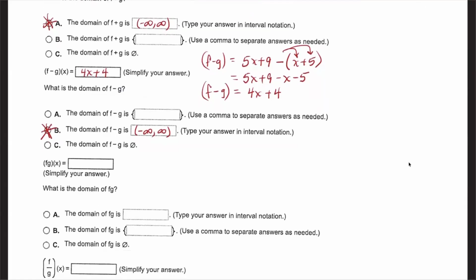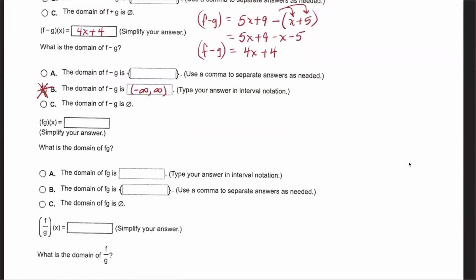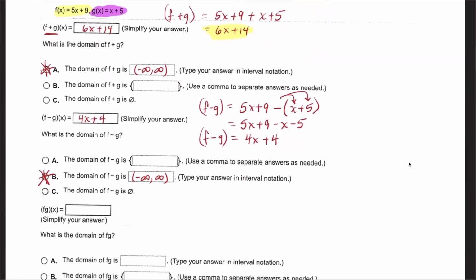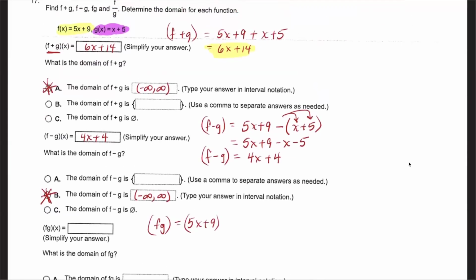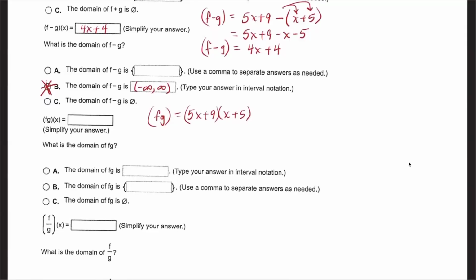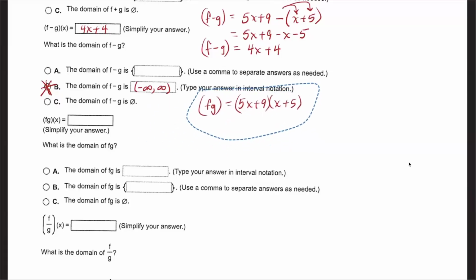All right, F times G. Well, what's F? F is 5x plus 9. But because I'm multiplying two binomials, G is x plus 5. So to multiply two binomials, we use our FOIL or distributive property.